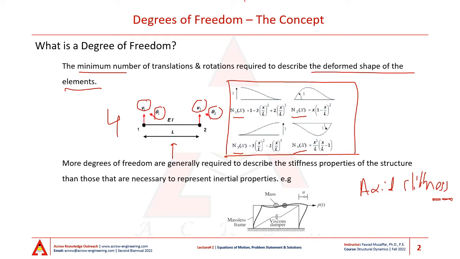If we assume that, then the lateral deformation at the top of the frame on the left side and the right side are both equal to u, right? And then there is the rotation of node number 1 and rotation of node number 2 that we are concerned about. So the degrees of freedom that are required to describe the stiffness properties of this structure is 3.